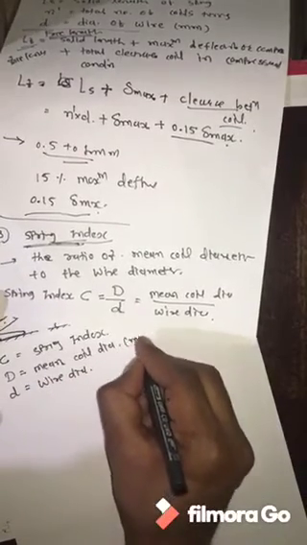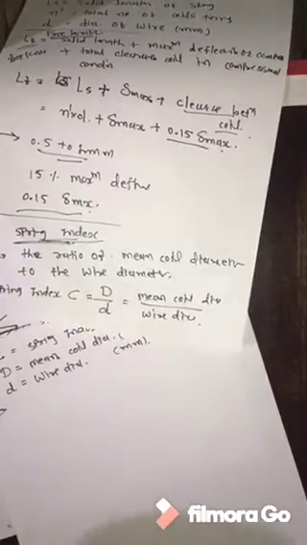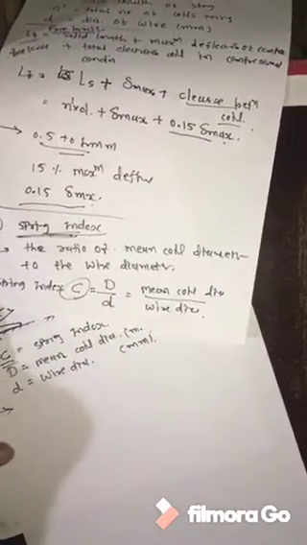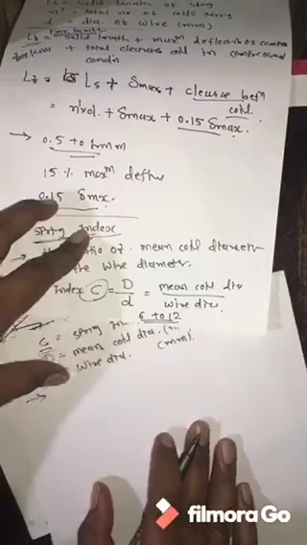These both are in mm. And generally the spring index C is taken in the range of 6 to 12.